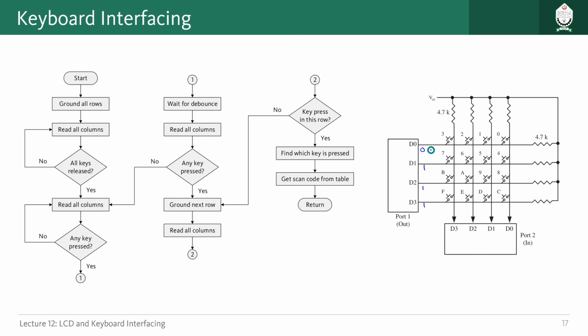Then we make it 1 0 1 1 and check all the columns again. In this way we do that four times. Whenever the values we get in port 2 are not all ones, we can understand that a key in that particular row has been pressed, and accordingly we can also find out the column. This is how it will be done.